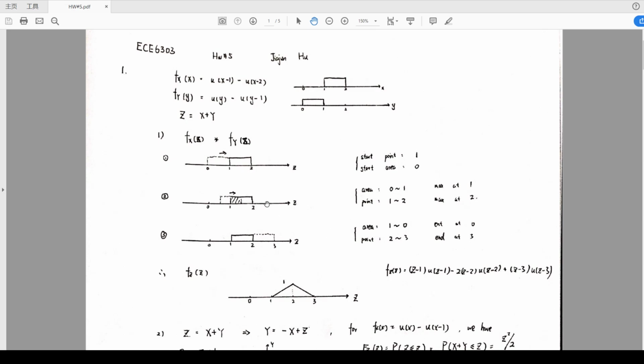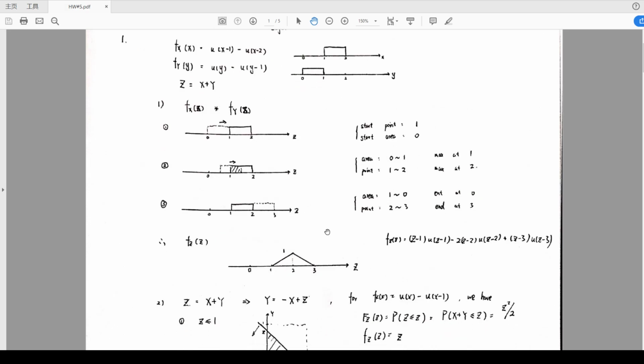The max area is 1 when the Y is at the point 2. Then we continue moving the Y to the right, and the common area becomes smaller, also linearly, from 1 to 0 as the point goes from 2 to 3, and the minimum area is 0.